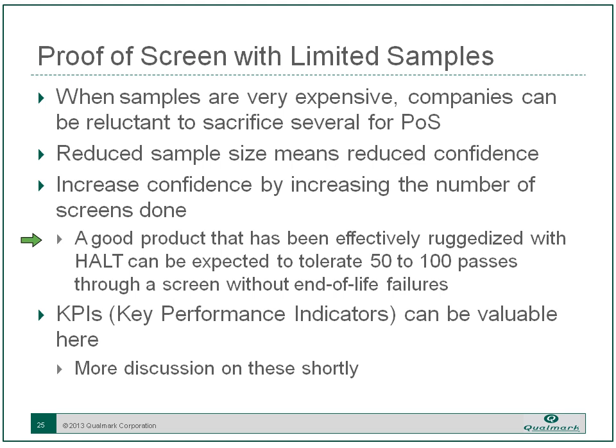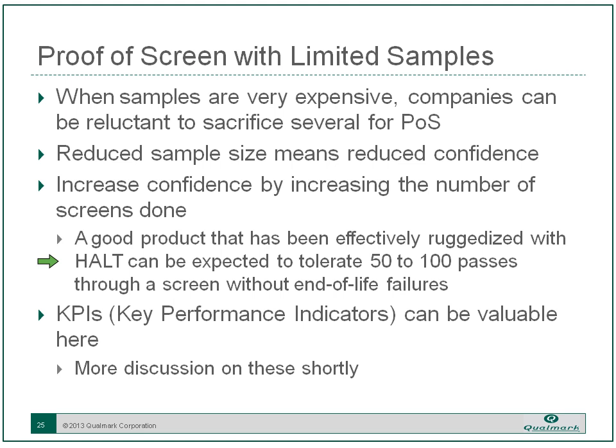Really, as I said before, if you've got a good product, you've gotten rid of all your failure modes, and you've effectively ruggedized it, it can be expected to tolerate 50 to 100 passes through the screen without end-of-life failures. So what I'm saying is at least 50 passes on a single unit without failure would give you the confidence level you need. Ideally, if you have the time, you just keep going until you see a fatigue failure.